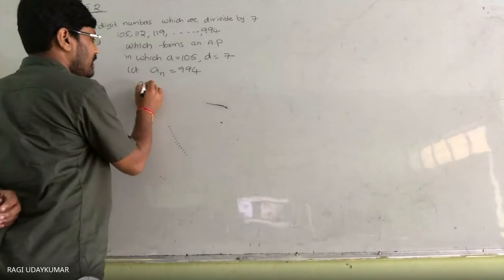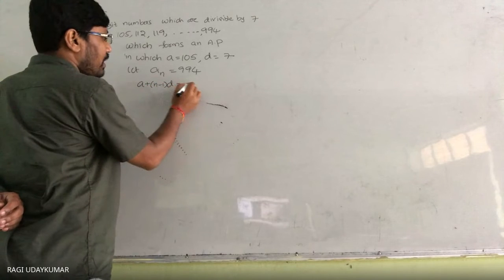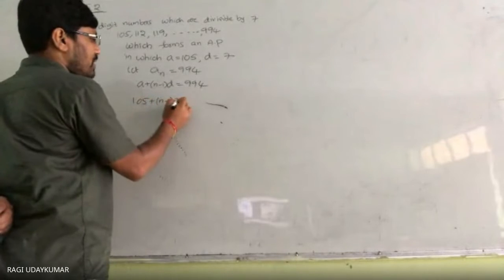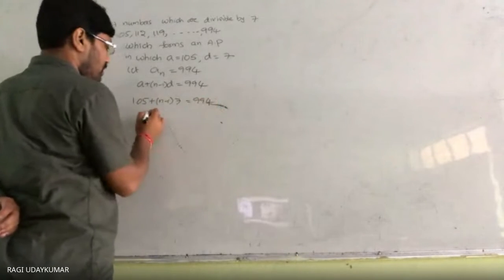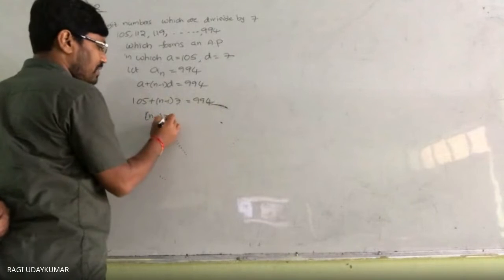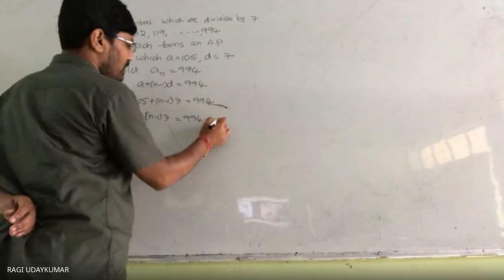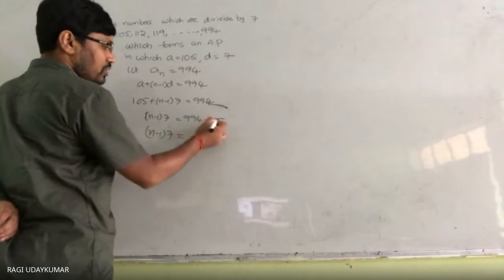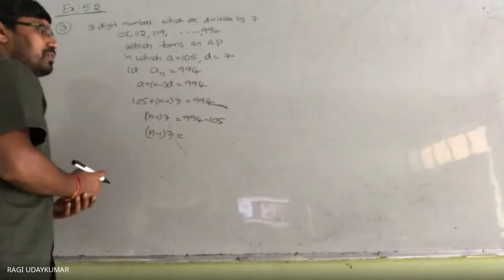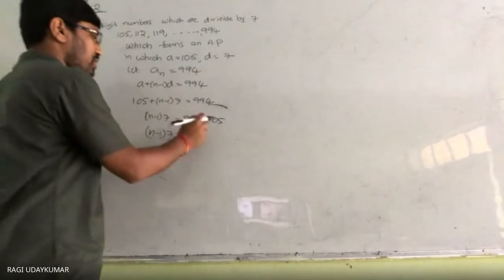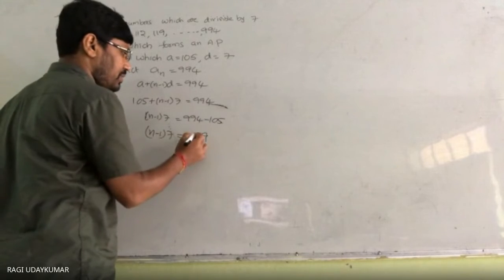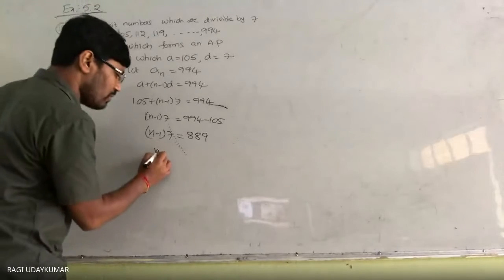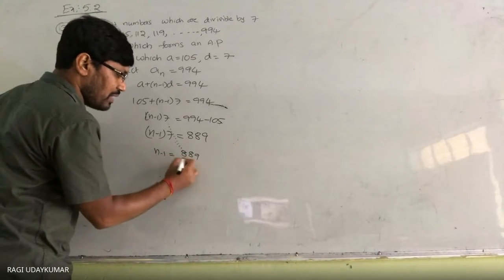So a plus n minus 1 into d: 105 plus n minus 1 into 7 is equal to 994. n minus 1 into 7 is equal to 994 minus 105, which is 889. So n minus 1 is equal to 889 by 7.